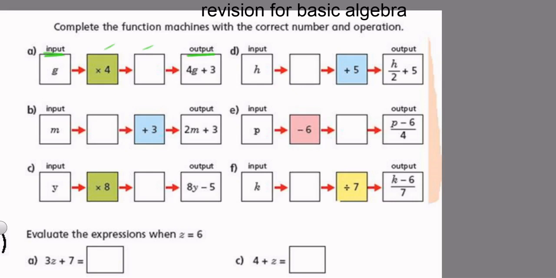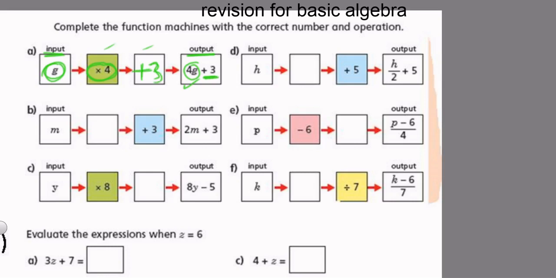The first thing that's happening is times by 4. G times by 4 gives you 4g. But then look at that, we're adding 3, so it's plus 3. So check. G times the 4 gives you 4g right there, plus the 3. There you go, plus 3.